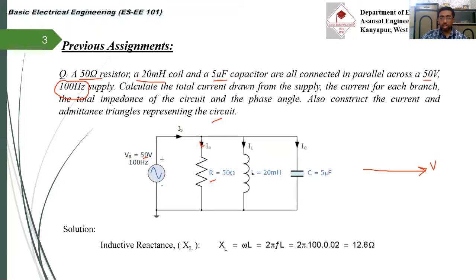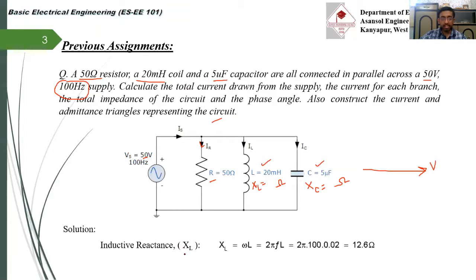L value you also know, so you have to find out XL first. Why? Because L value is in Henry, so you have to convert it into ohm. Similarly, the capacitor value is given, so you have to calculate XC in ohm. Let's solve these two things first.